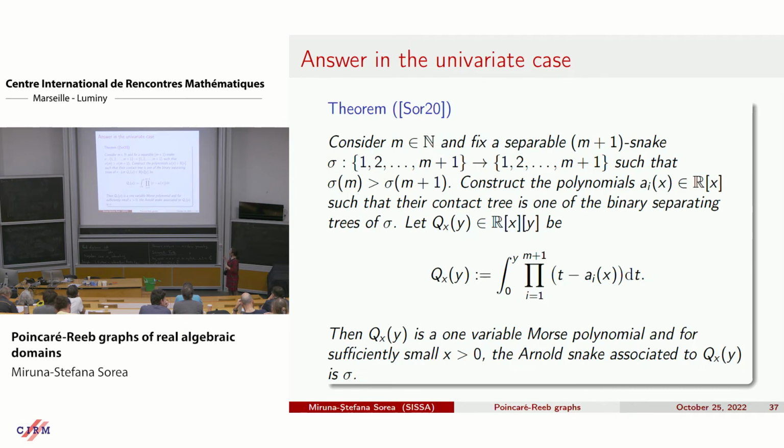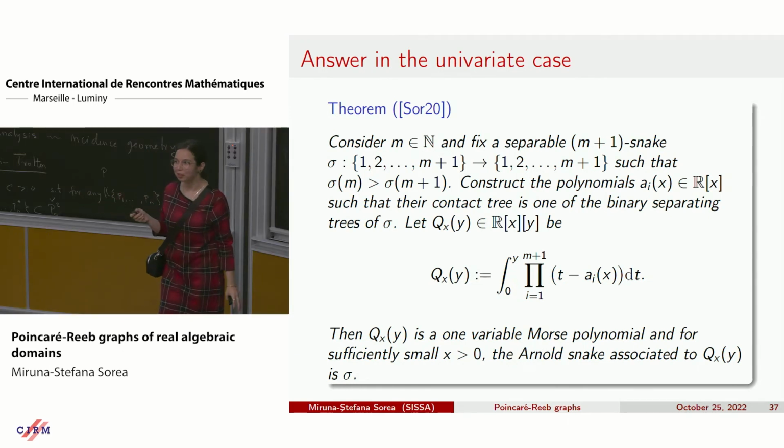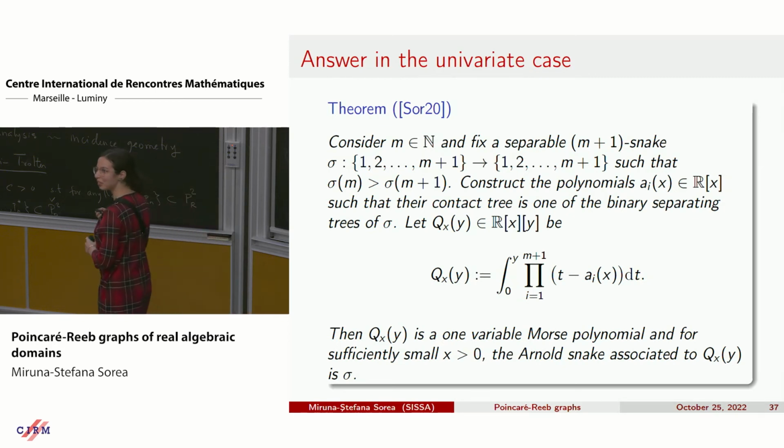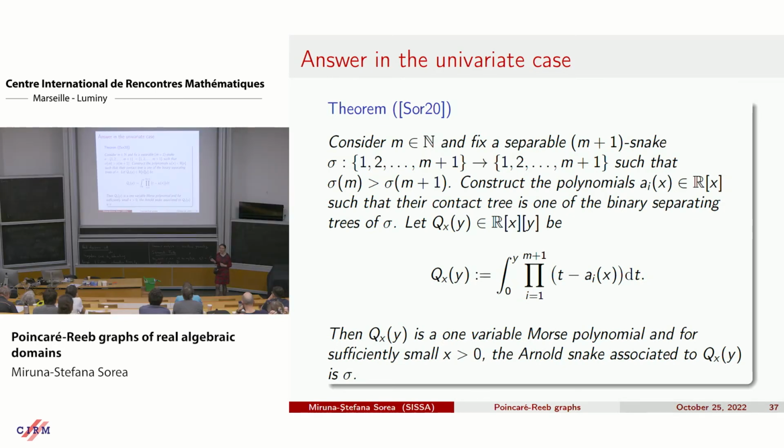Let's define a polynomial Q. It's a polynomial in Y, but with coefficients that are polynomials in X. This might make you think of what we were seeing this morning from Chris' talk, but it's not a direct relation. Just that the coefficients will be polynomials in X.